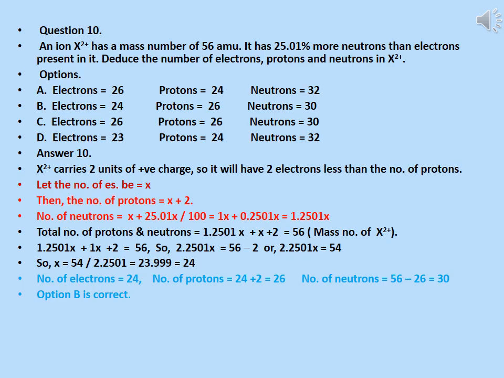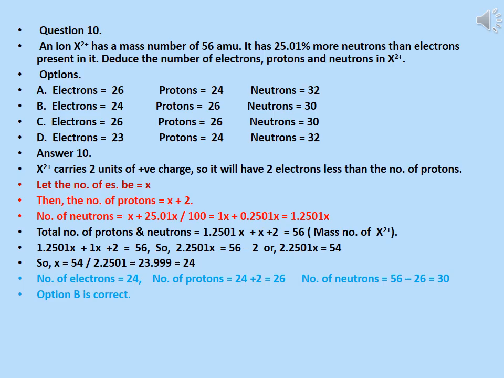Now, coming to the number of neutrons. It is stated in the problem that it has 25.01% more neutrons than electrons. So, the number of electrons is x. So, 25% more of x is present as neutrons.